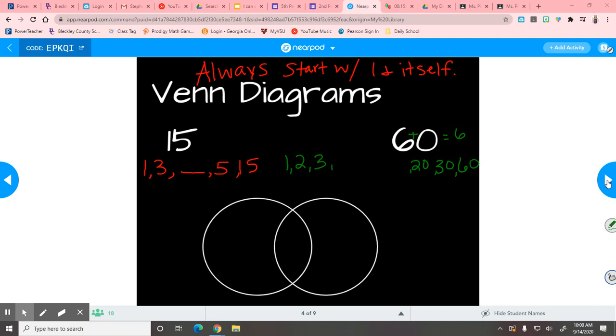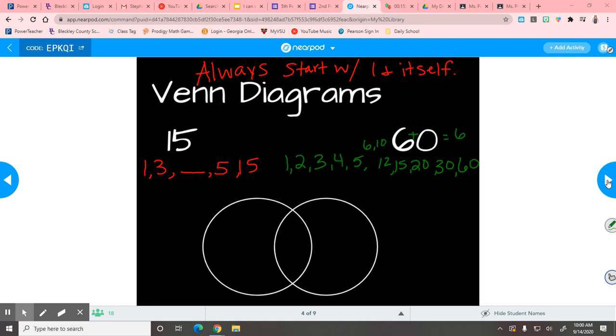Yes. 4 times 15. 5 and 12 will work. 6 works too. 6 times 10.